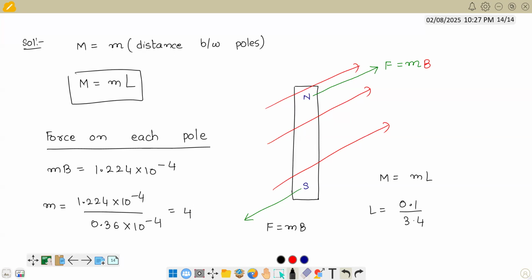I don't know why I wrote 3.4. So 0.1 by 4, I can write as 10 power minus 1 into 0.25, since 1 by 4 is 0.25. The length is basically 0.025 meters. But if you want it in centimeters, it is 2.5 centimeters. This is the value of the length.